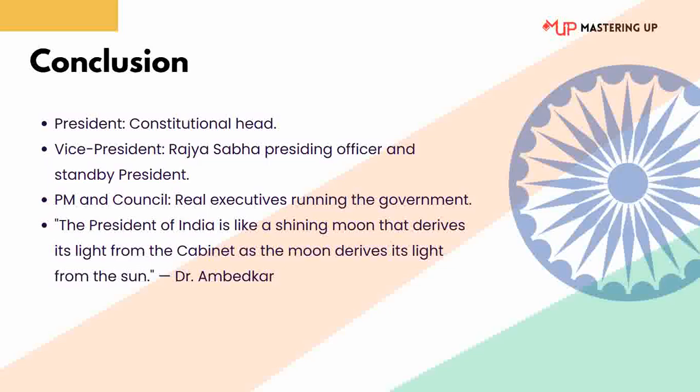The Prime Minister and Council of Ministers exercise real power, running the day-to-day affairs of the country. As Dr. Ambedkar said, the President acts like a moon, radiating light that is actually derived from the Cabinet.